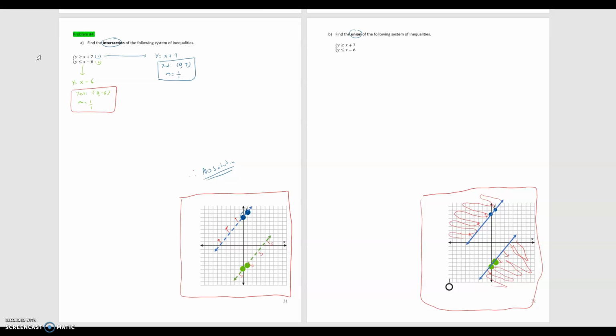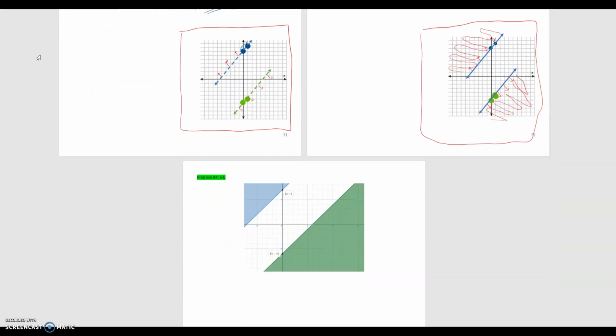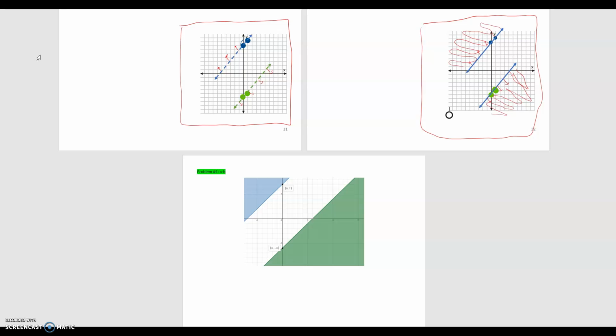In the previous one, since there's no overlapping, we wouldn't have any value shaded, so that's why we had to go back and make those lines dotted. Now let me show you how these look with technology. You can see here, in this case the blue one, we're shading above it, the green one we're shading below it, but there's no point where they're overlapping.